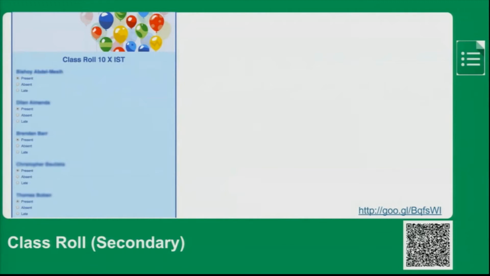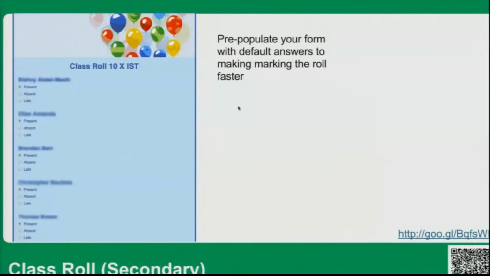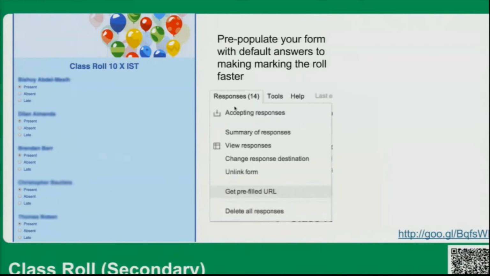With the Google form, I have got it set up so that it's pre-populated with a response. So in this image over here, you can see I've blocked out the names, but you can see they're all marked present. When I open up the form, that's how it appears. They're already marked present. So it makes that marking of the roll quicker.